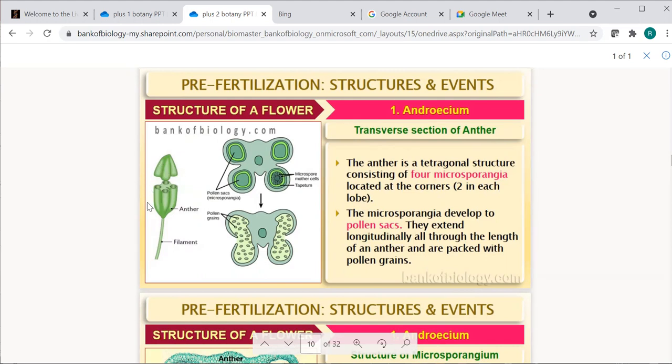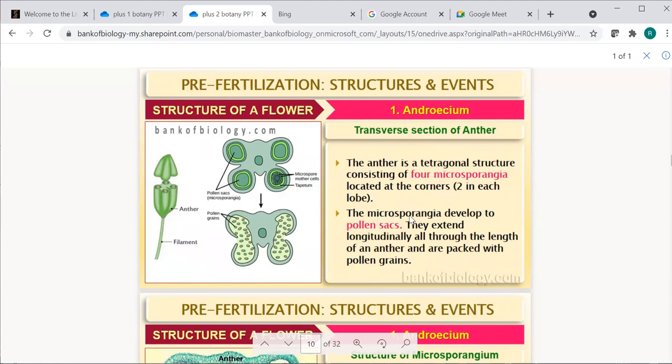It has two lobes, one lobe and second lobe. Each lobe has microsporangia. In total, it has 4 microsporangia in the corners. That is, the anther is a tetragonal structure consisting of 4 microsporangia located at the corners.